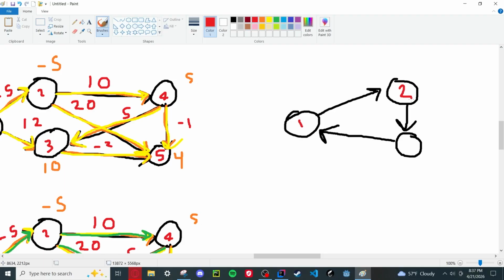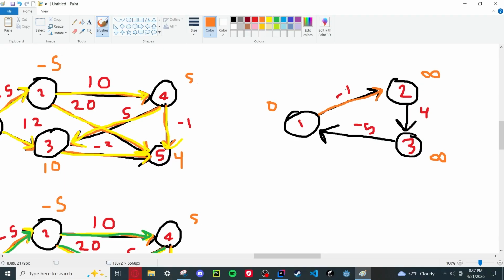1, 2, 3. This would be, let's say, -1, 4, and then -5. But just normal stuff, right? Okay, let's evaluate it. This is going to be 0, this is going to be infinity, this is going to be infinity. Let's go from here to here.